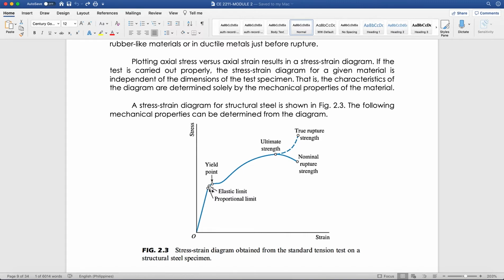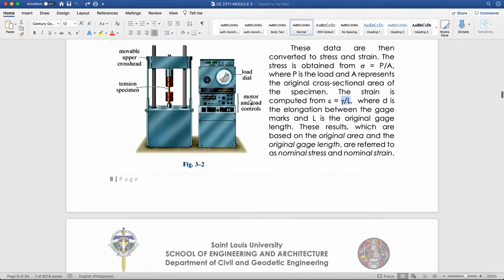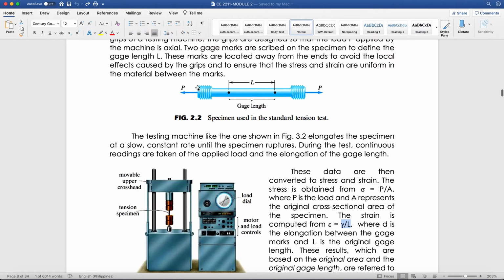So, at the yield point, yung sinasabi nating yield point or yield strength, ibig sabihin, hanggang sa point na to, pag tinanggal mo yung load natin dito sa ating steel bar, babalik sa original form or sa original shape yung ating material. Therefore, it is still in its elastic state.